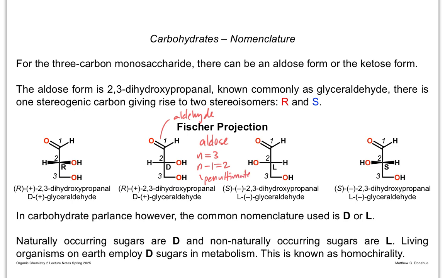So in general, for any N chain, the N minus 1 is defined as the penultimate carbon. Now when we look at that, it's carbon 2, and the OH group is residing on the right side of the chain. And so that's defined as the big D sugar.